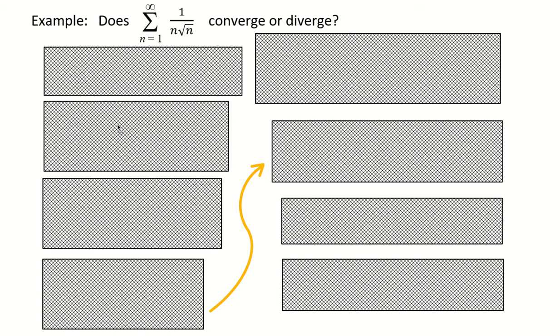And here's the example. I don't want to insult your intelligence here. If you were to look at this series in a vacuum, 1 over n times the square root of n, you could actually simplify that: n to the first times n to the 1/2.